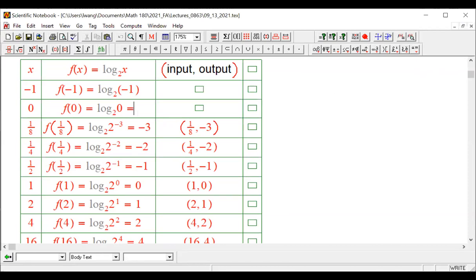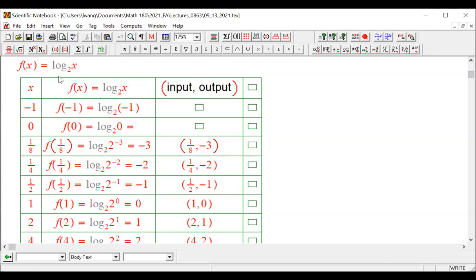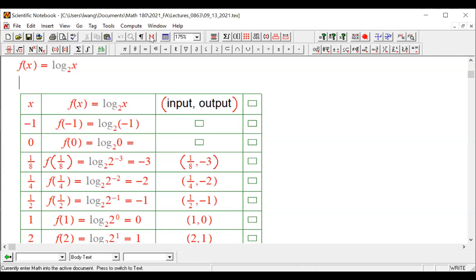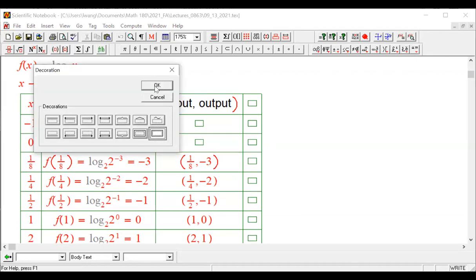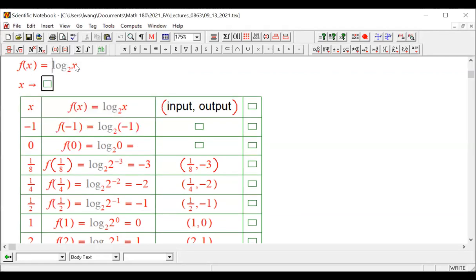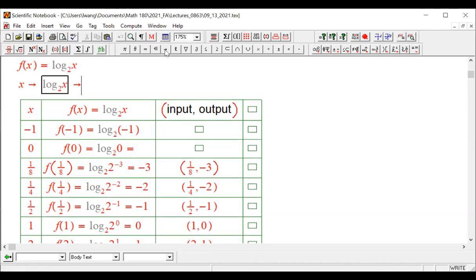What is that answer? In other words, we're applying this rule, and this is the input, right? There's this rule that produces output.